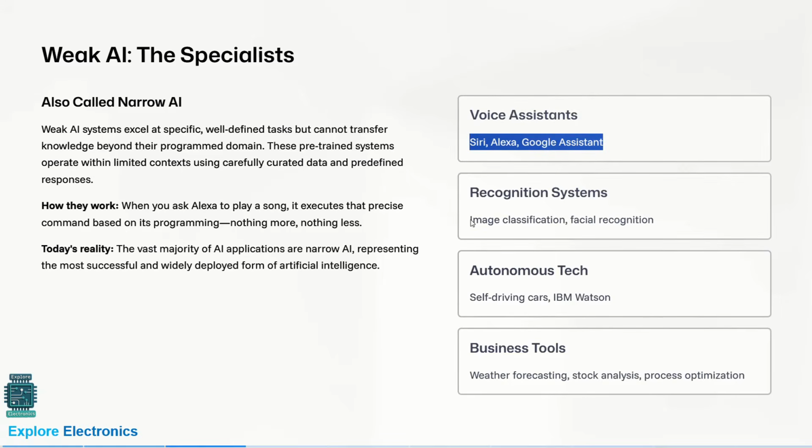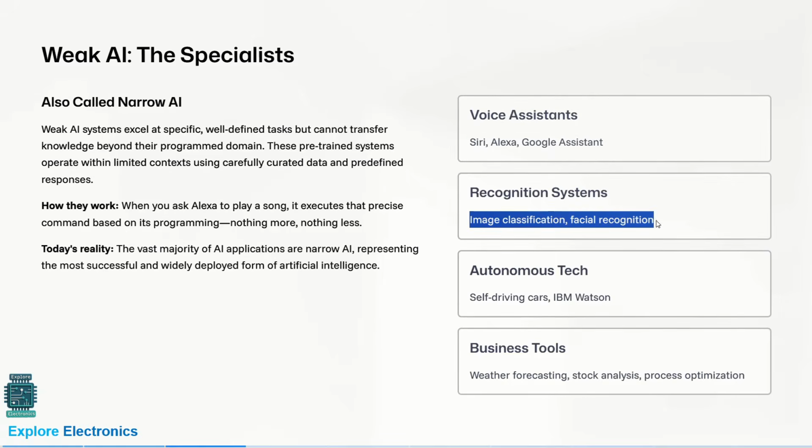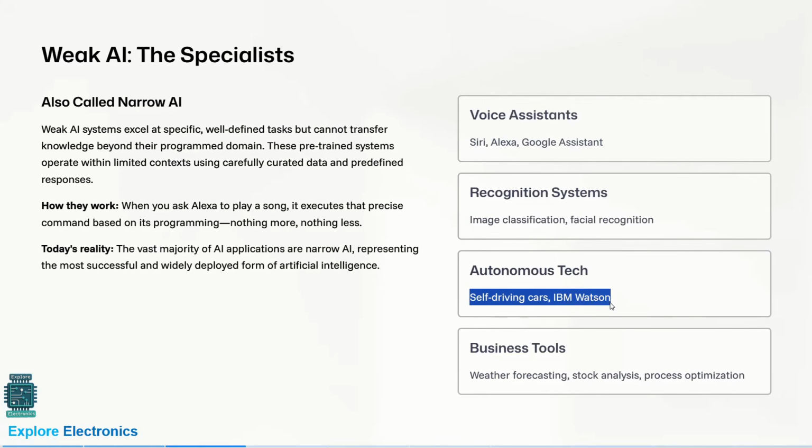Similarly, recognition systems such as image classification and facial recognition are also weak AI. Autonomous tech like self-driving cars, IBM Watson, all these come under narrow AI. Business tools such as weather forecasting, stock analysis, process optimization, all these are also examples of narrow AI, or we call it weak AI.